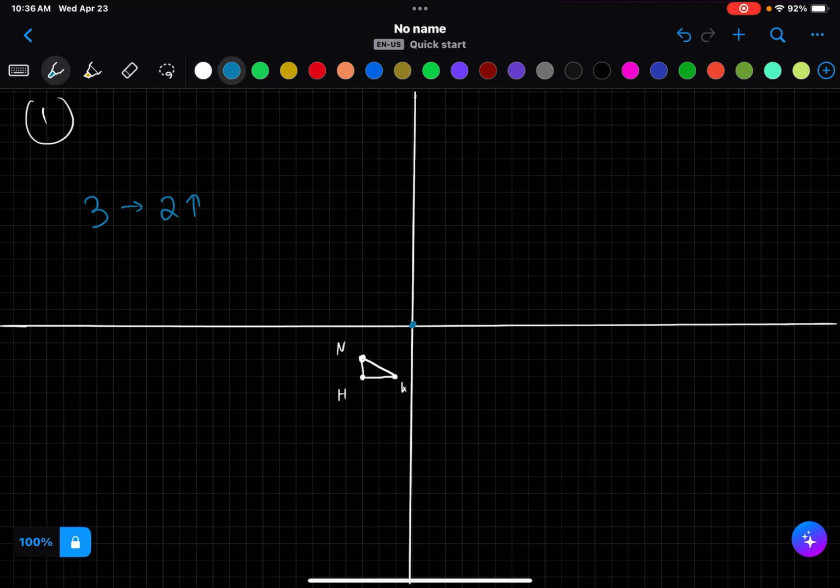The H, 3 to the right and 2 up, is going to be right here, and then the K is going to move right over here. So your new triangle should be right around here if everything worked out. And that looks good. So that's number one right there. I moved it 3 to the right, 2 up.